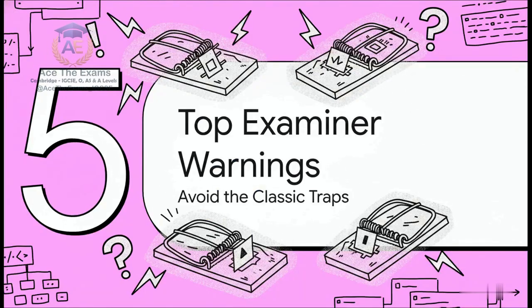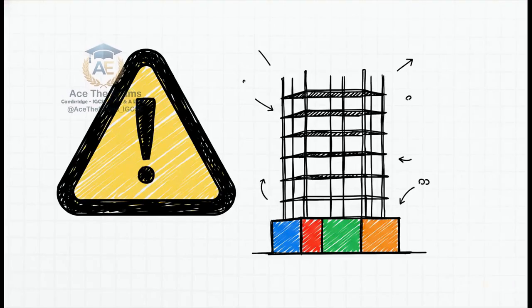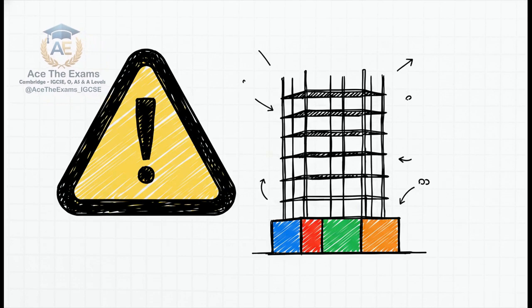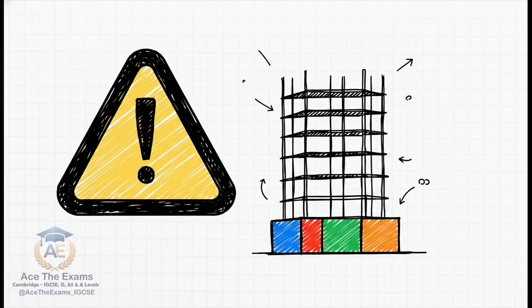Let's move to our final section, the top 3 examiner warnings. We are going to avoid the classic traps together. Look, pay extremely close attention to this. This is a massive alert directly from the examiners themselves. They report year after year that students constantly lose marks by failing to clearly define terminology before using it in extended responses.